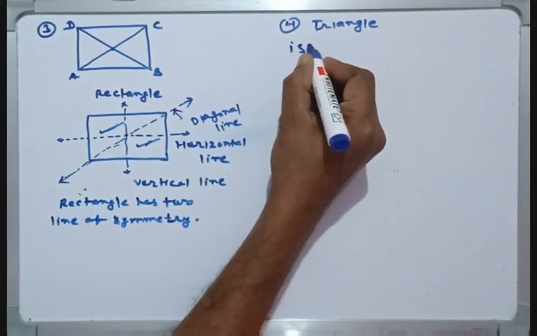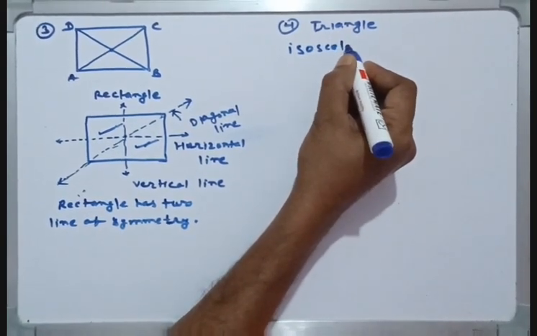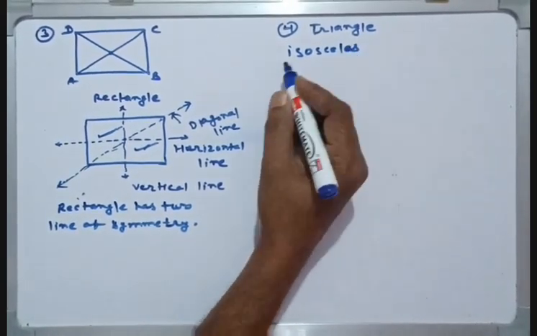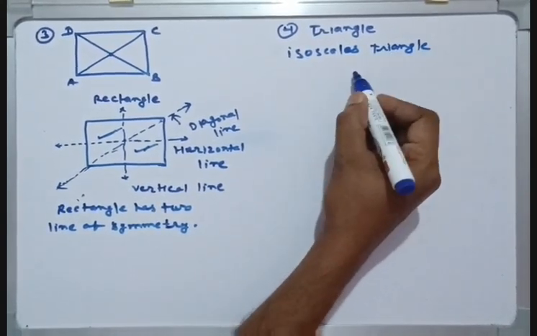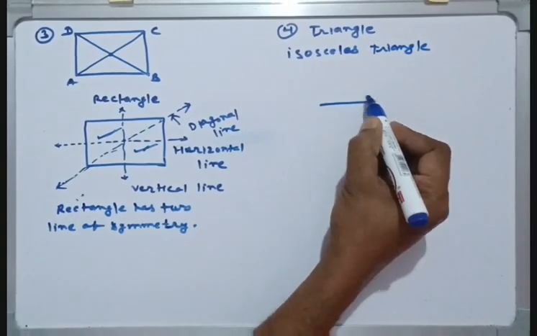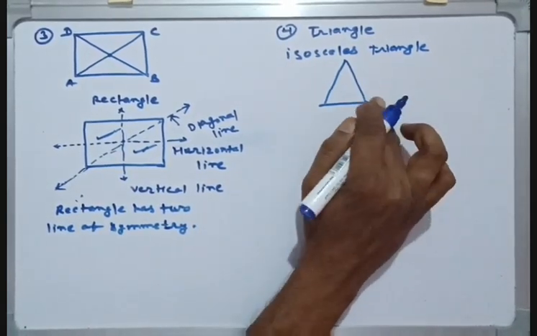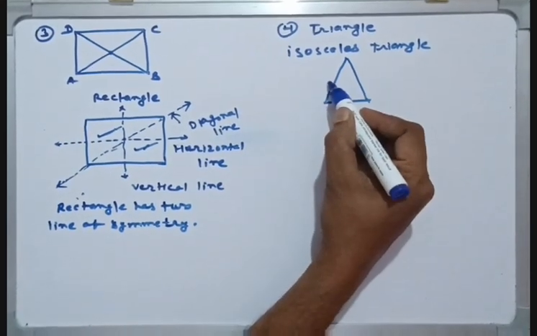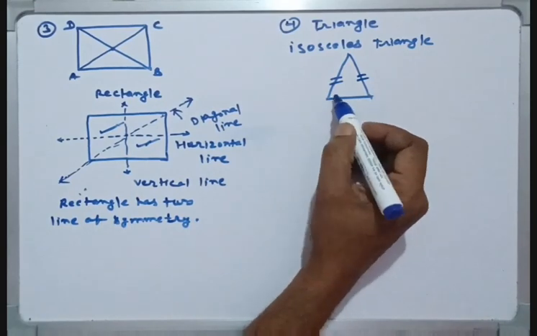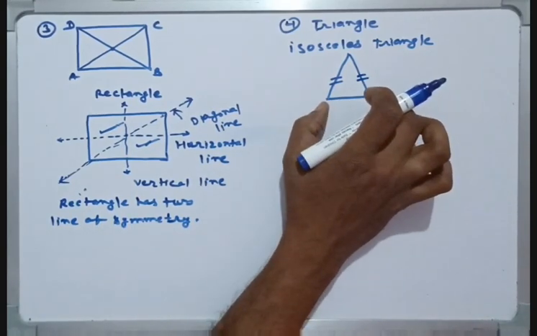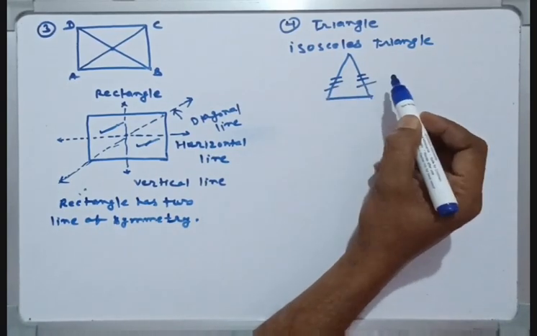So the first one is an isosceles triangle. Okay, so what is an isosceles triangle? See, this one is an isosceles triangle. Okay, means two sides are equal in length, however the other one is not equal to this one and this one.